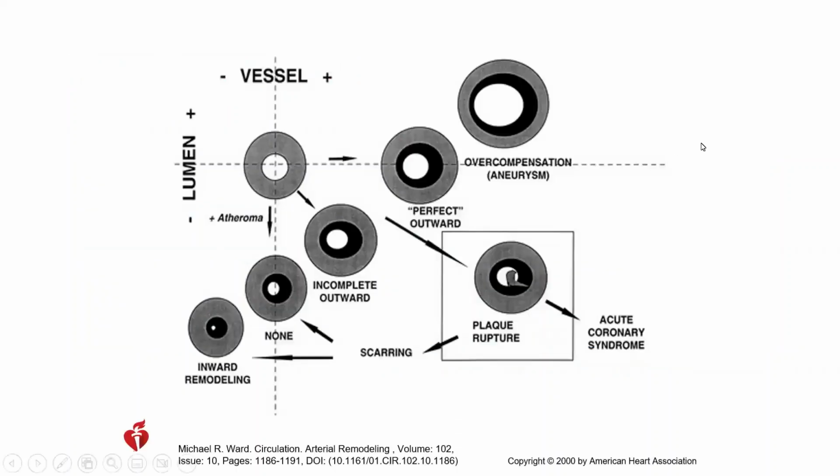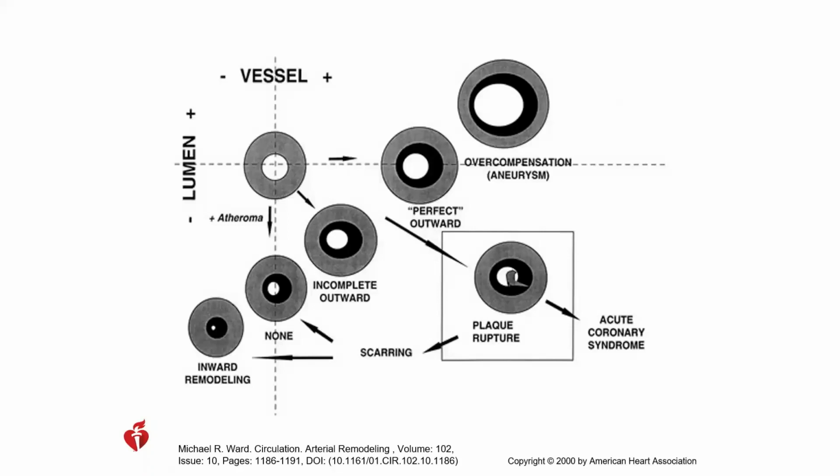And like we said here, the normal pristine vessel is this one, then atheroma starts to accumulate, okay? We might go into a stage of overcompensation and aneurysmal dilatation. That's why in the cath lab, when you are confronted with an ectatic vessel, that might be atheroma, okay?